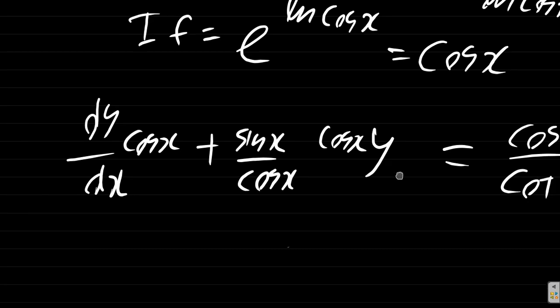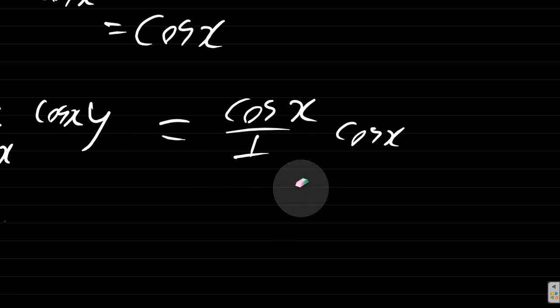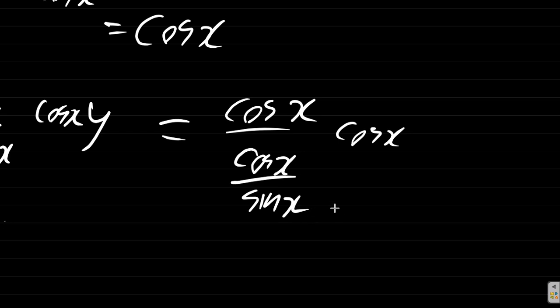Alright, we fix this part up. Cot is 1 over tan x, but 1 over sine x over cos x is cos x over sine x. So this becomes cos x over sine x.